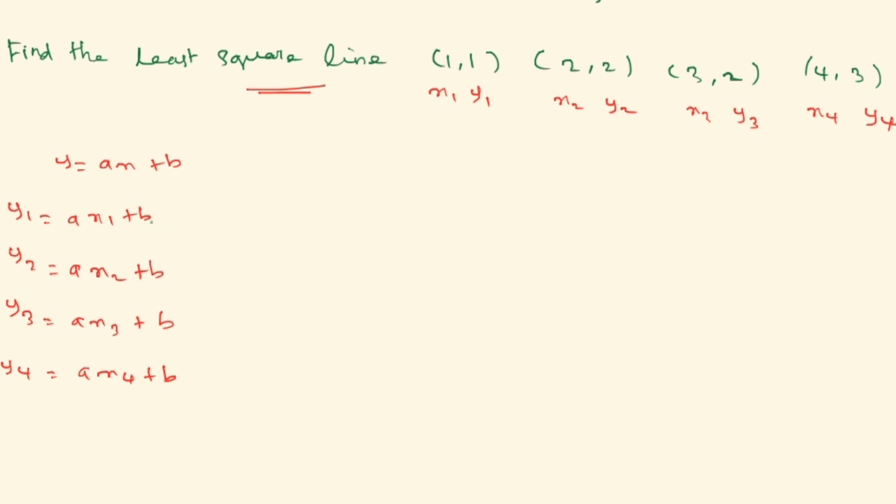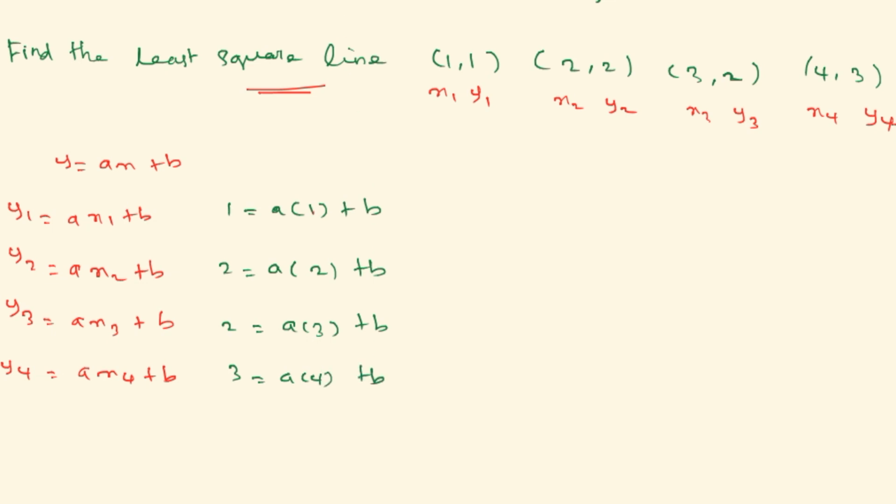In the system of equations we substitute the actual x and y values. So from the first data 1 equal to a into 1 plus b, in the second 2 equal to a into 2 plus b, the third 2 equal to a into 3 plus b, and from the fourth 3 equal to a into 4 plus b.